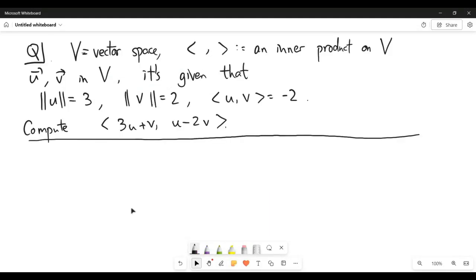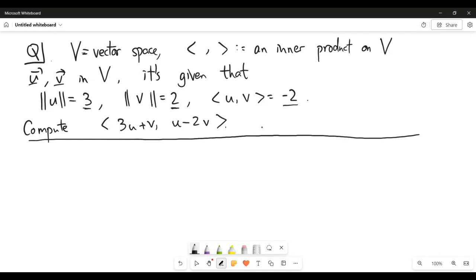Let's look at the current problem now. Please look at the setup first. You are not given any actual numerical examples of the vectors. What you are given is a vector space V and an inner product on the vector space V, and certain vectors u and v, such that the norm of the vector u is 3, the norm of the vector v is 2, and the inner product of u and v is minus 2.